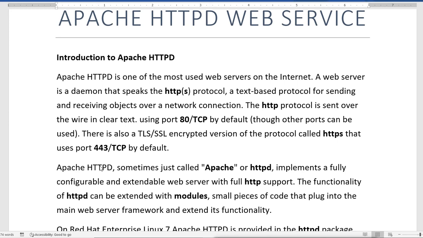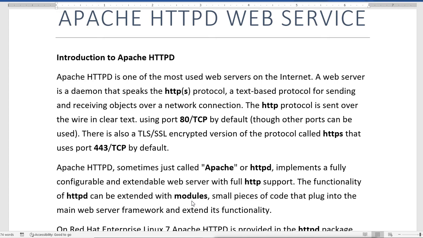This Apache HTTPD is sometimes just called Apache, or sometimes it is called HTTPD. It implements a fully configurable and extendable web server with full HTTP support. The functionality of HTTPD can be extended with modules.